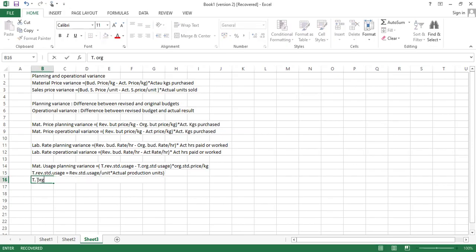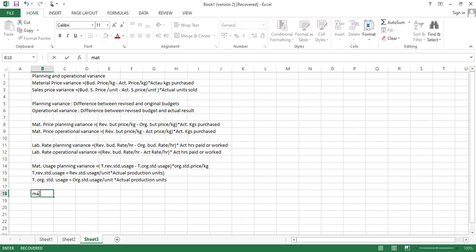Total original standard usage is equal to original standard usage per unit into actual production units. That's why I told you to memorize or revise variance formulas on a daily basis till exams. There are a number of formulas in variances.